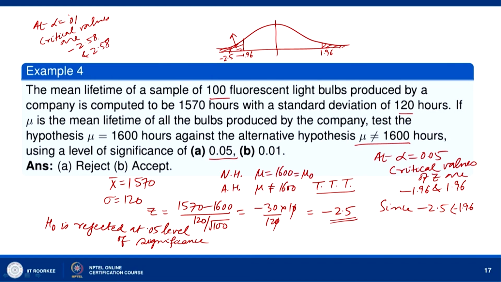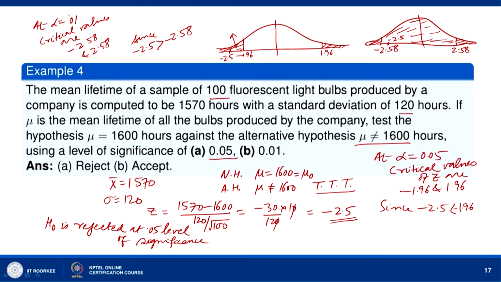Now, minus 2.58 is less than minus 2.5. We can draw the figure. This is minus 2.58, this is plus 2.58. Alpha by 2 area is here, alpha by 2 area is here, and minus 2.5 is here.